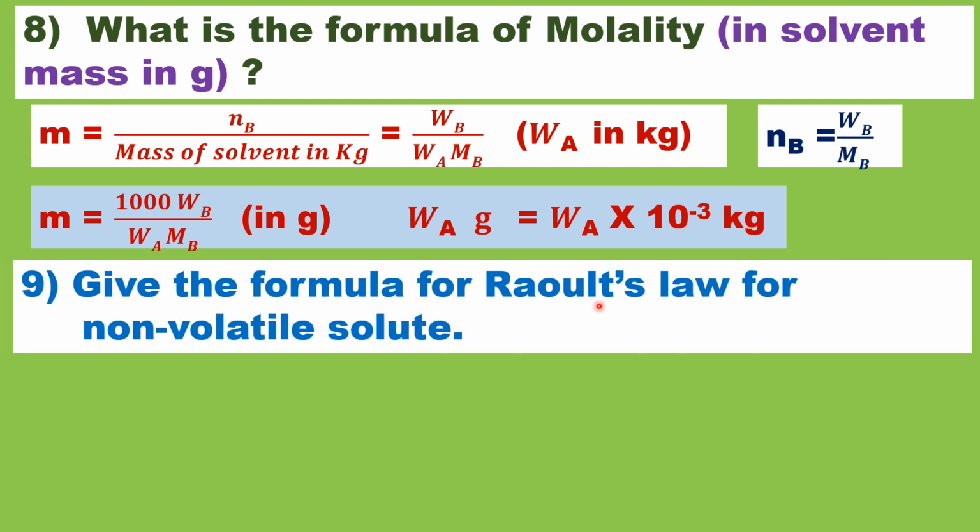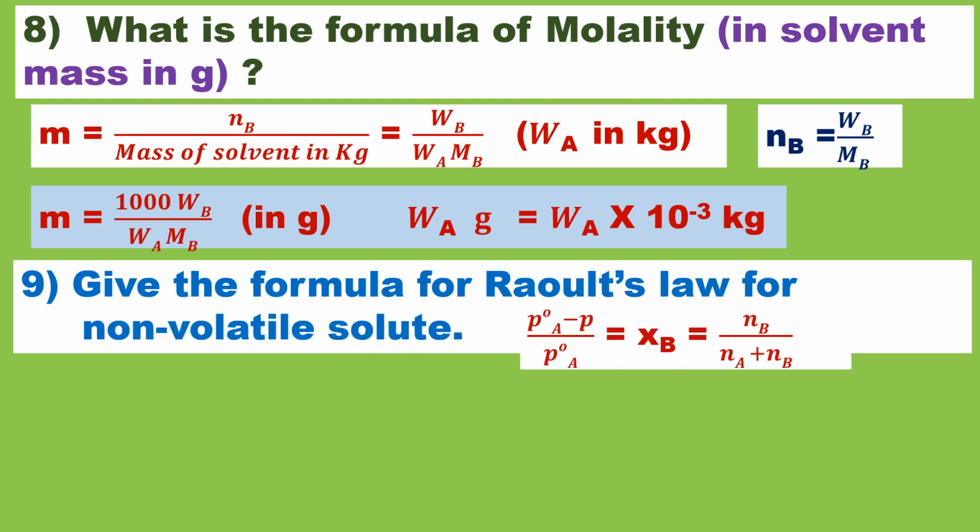Okay, next, what is the formula for Raoult's law for non-volatile solute? There are two formulas for Raoult's law, one for volatile solute and one for non-volatile solute. Give the formula for non-volatile solute. This is the relative lowering of vapor pressure. What is relative lowering of vapor pressure?